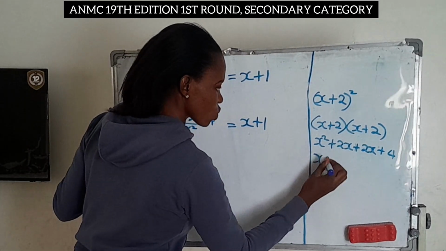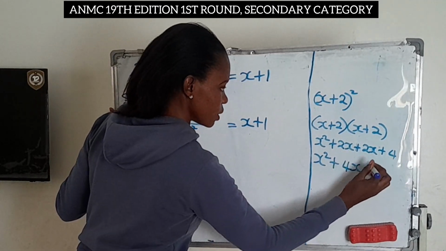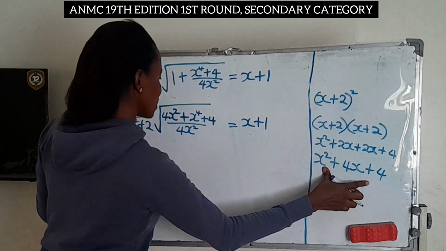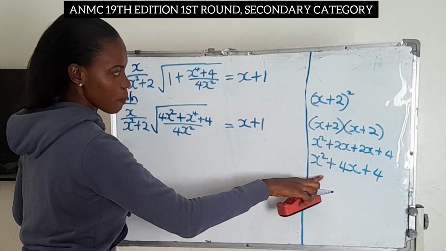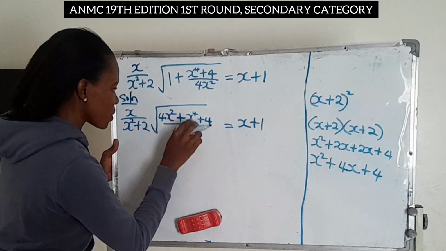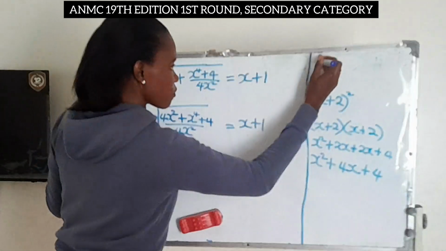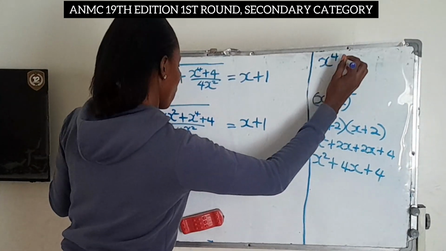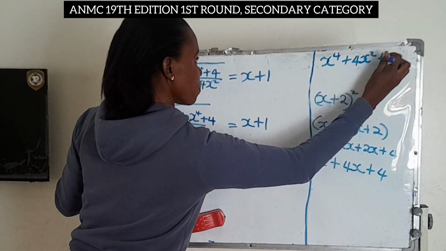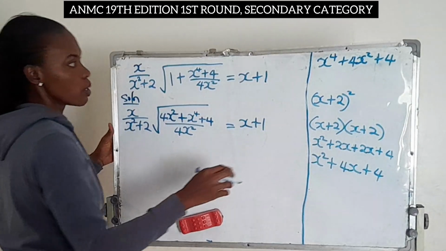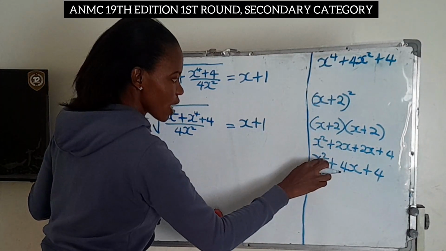So I have x squared plus 4x, then plus 4. Having simplified this, if I rearrange this thing I have here to make the highest power stand first, I have x raised to the power of 4, then plus 4x raised to the power of 2, then plus this 4. Now I have seen that the highest power is 4, here the highest power is 2.